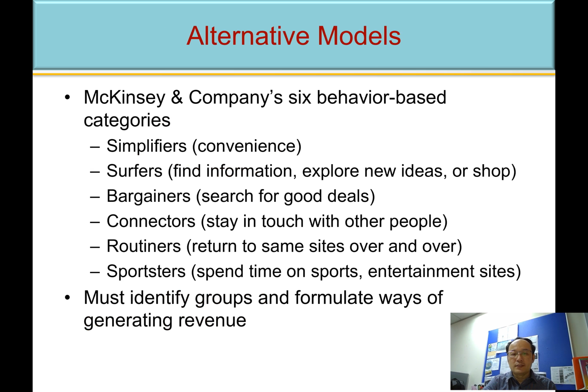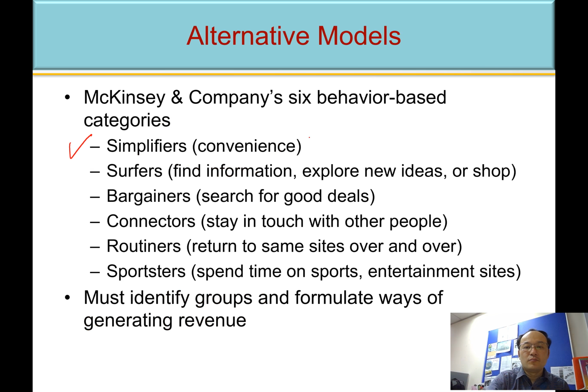Bargainers: search for good deals. Connectors: stay in touch with other people. Routiners: return to the same sites over and over. And spotters: spend time on sports entertainment sites. We must identify the groups and formulate ways to generate revenue as well. So there are 6 types of behavior.